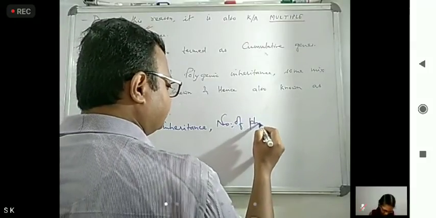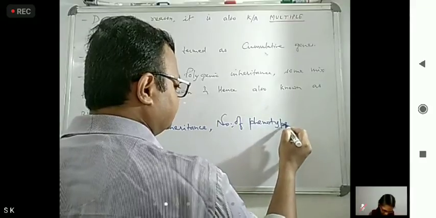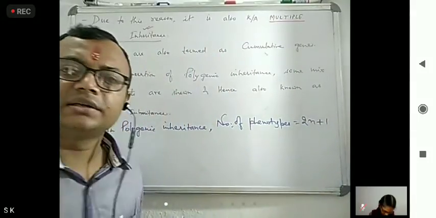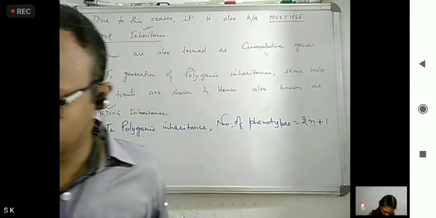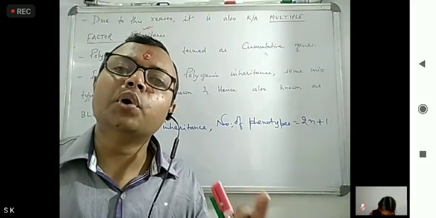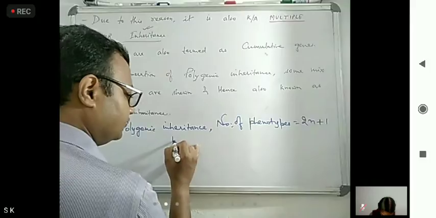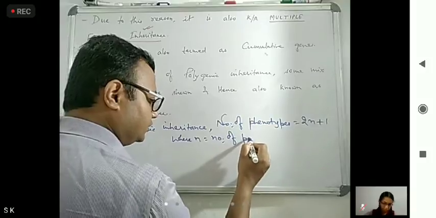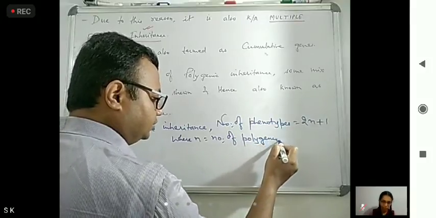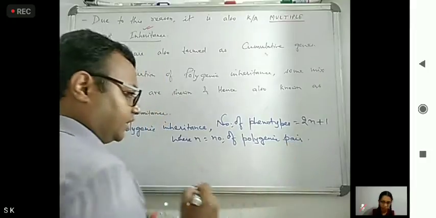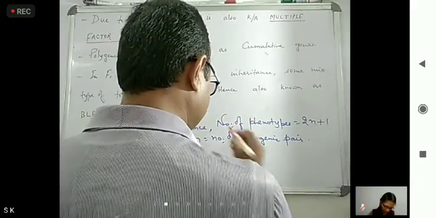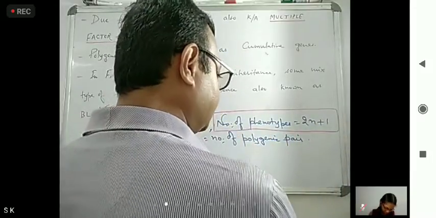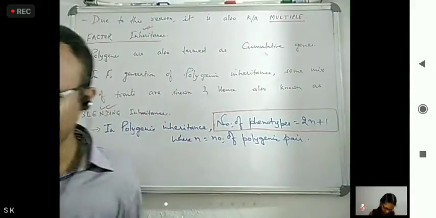Number of phenotypes is equal to 2n plus 1. Where n is the number of polygenic pairs. So this is the formula, every time you have to remember.